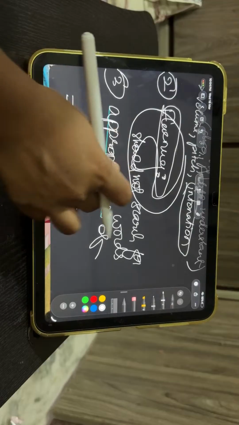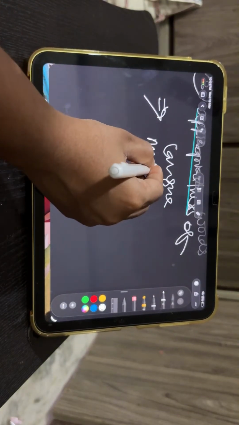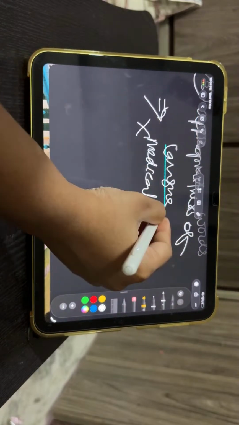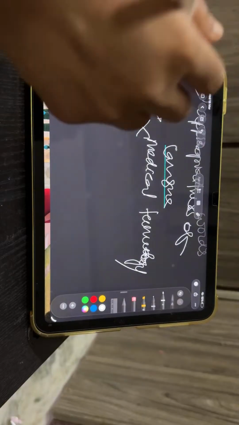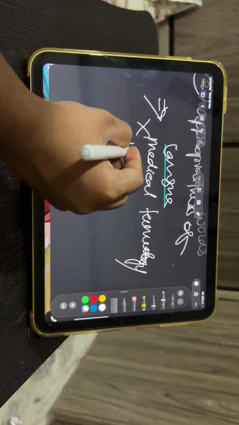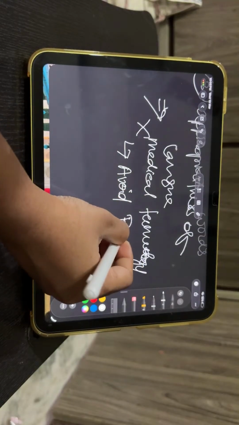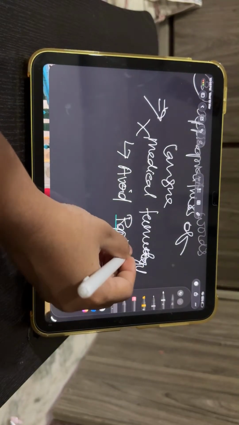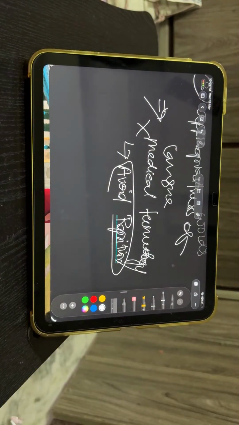The third thing is appropriateness of the language. Mainly, you should not use medical terminology. Next, avoid repetitions. Some phrases you will keep on continuing. For example, Mr. John, I would like to tell you.